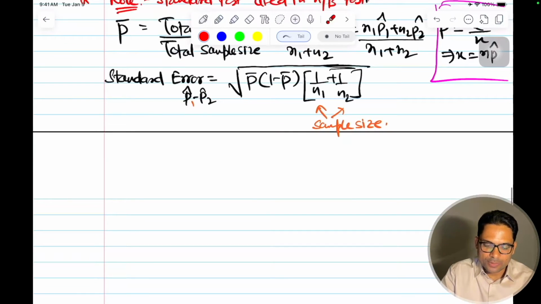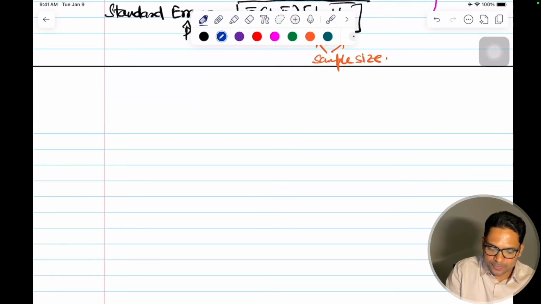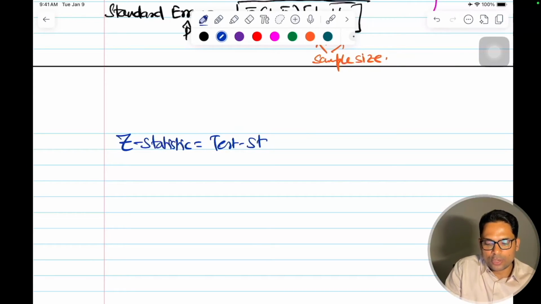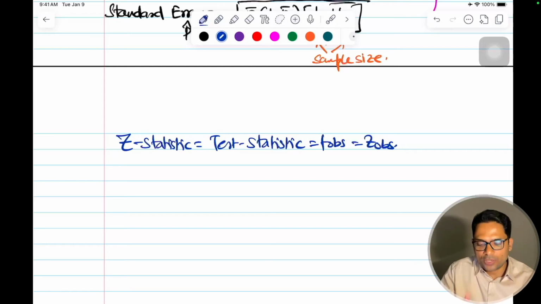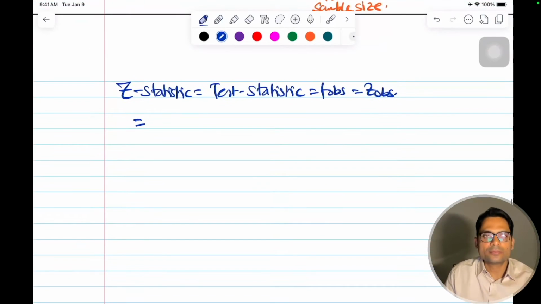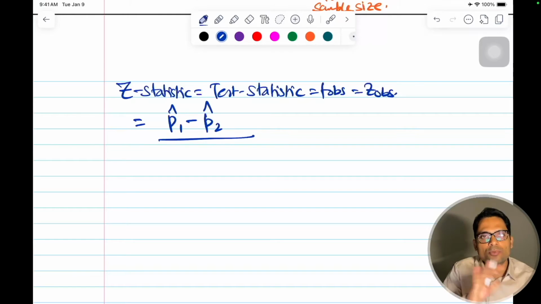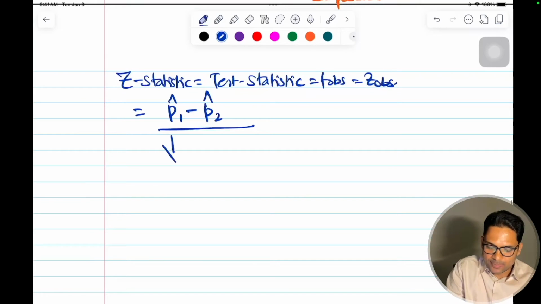Okay, and now simple, we have both the terms sorted. So my z statistic, or test statistic when I talk in terms of hypothesis testing, or this can be called t observed or z observed, whatever you are observing under the null hypothesis, will be equal to p1 hat minus p2 hat, the difference between two proportions, divided by the standard error.